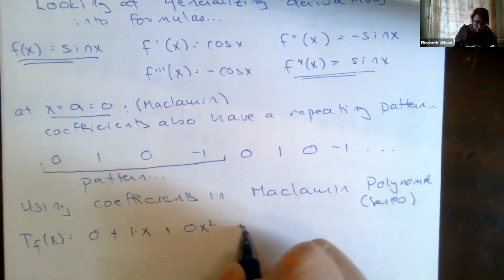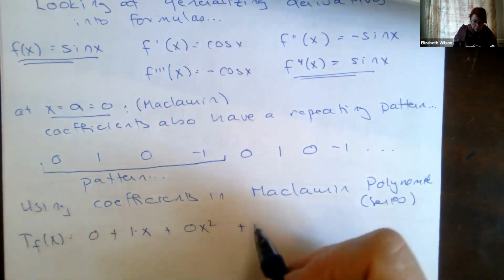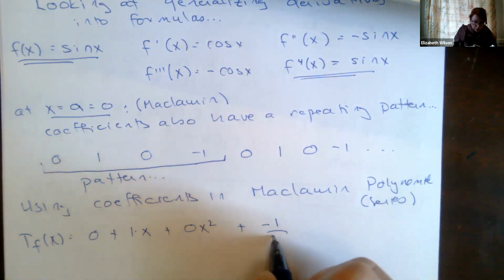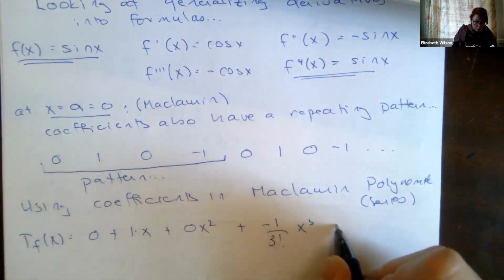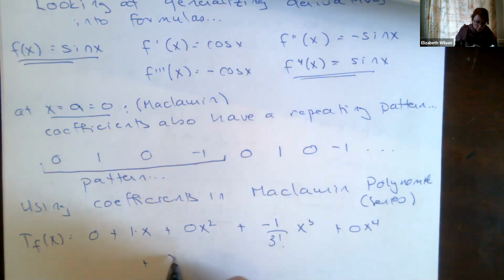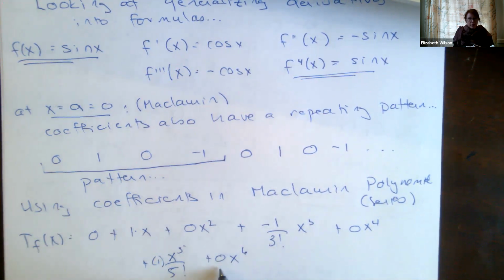I didn't do the divided by 2 factorial because the 0 is going to dominate. Plus minus 1 over 3 factorial x cubed plus 0 times x to the 4th, plus x to the 5th over 5 factorial. There's a positive 1 here, plus 0 times x to the 6th. I'm not putting in the divide by 6 factorial because the 0 is going to bomb it out.